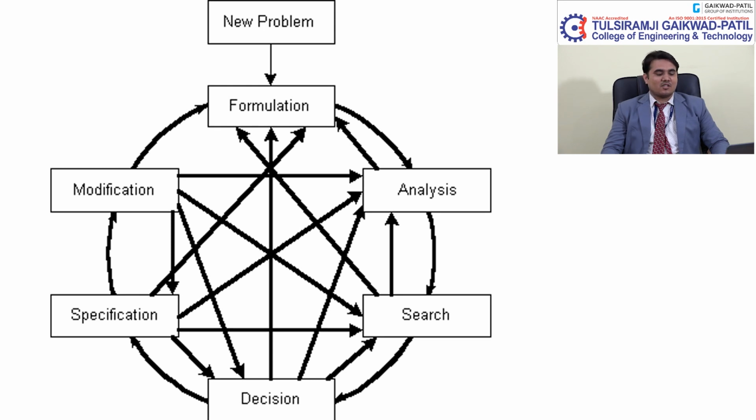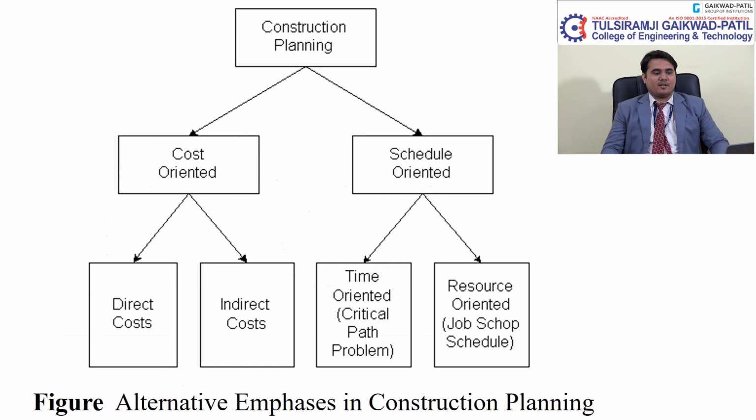Then by searching and working on it, we have to take the proper decision. Until and unless we take the proper decision on the right path, we are not supposed to make the specification, and after that, with modification of the existing method or by innovating some new method, we go for it. So this is the phase in construction management and law.